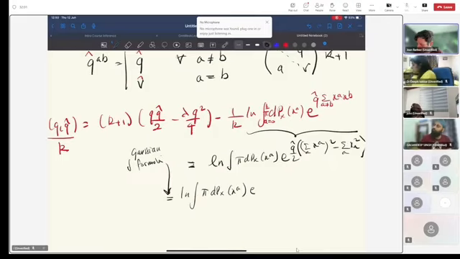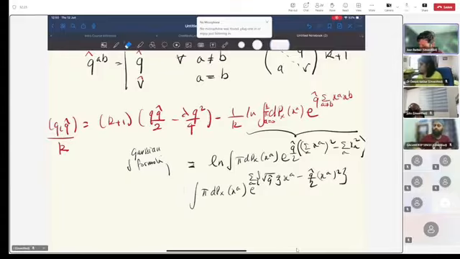Not q hat over 2, sorry. So you do the exercise with the Gaussian integration formula. It's very simple. Square root q hat z xa minus q hat over 2 xa squared, and I have a sum over a there, and I have an integral with respect to z.